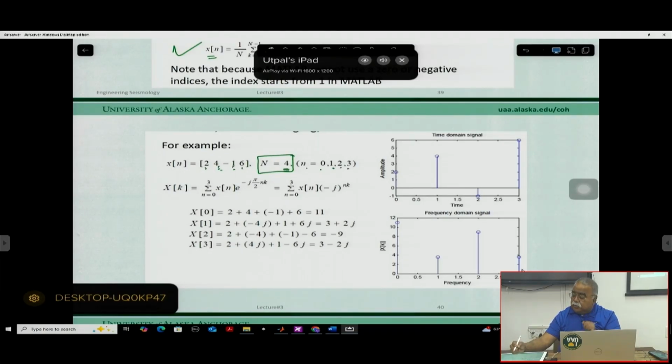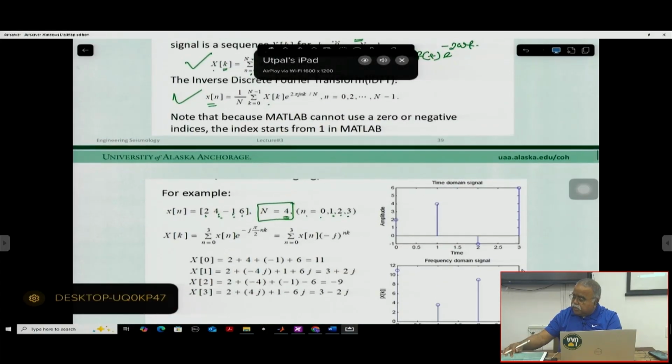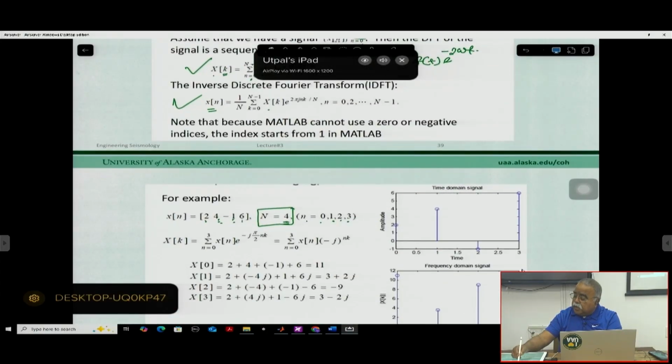Those are the values. So Xk will be equal to xn into e to the power of j pi by 2 into nk. You can write it this way, and the same things you can put here: 2 pi nk divided by N, where N equals 4.